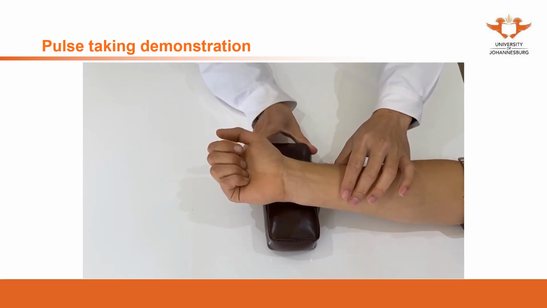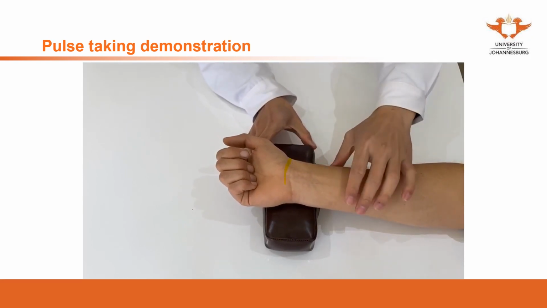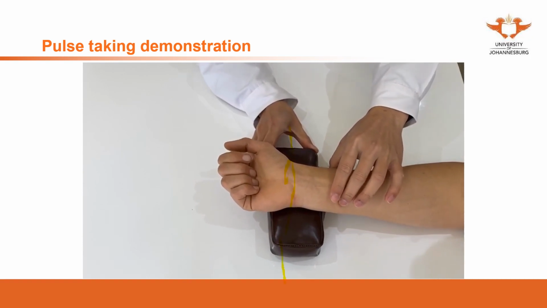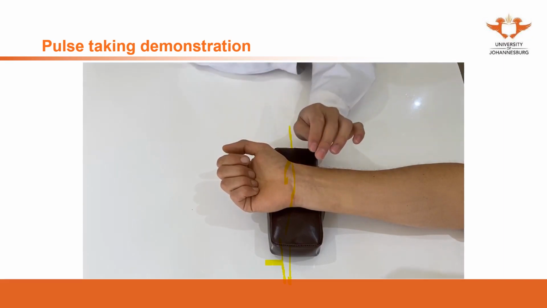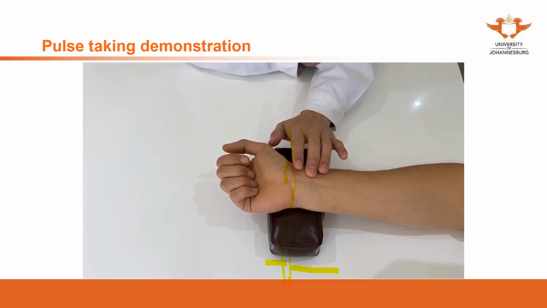So as you can see from here, the wrist is about 1/3, 2/3 from here. And then firstly, you use your middle finger to find the guan area.